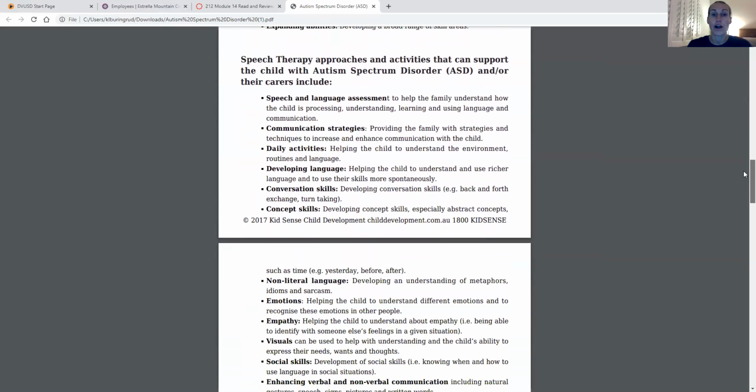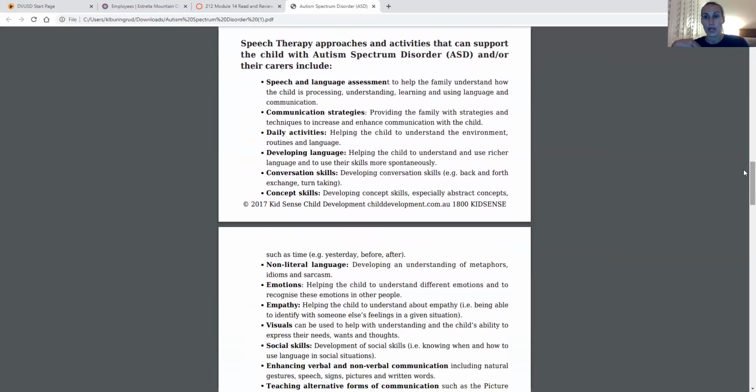So obviously for us, what we're usually focused on, our main focus, is communication strategies and developing language, hopefully developing some type of conversation skill if they have obtained some kind of communication, whether that's picture-based or verbal, and then working on emotions, empathy, social skills.